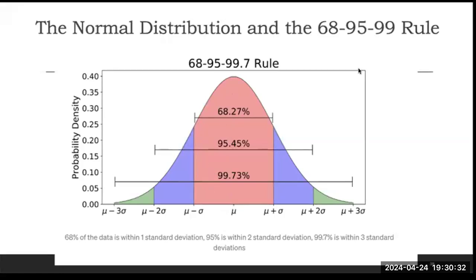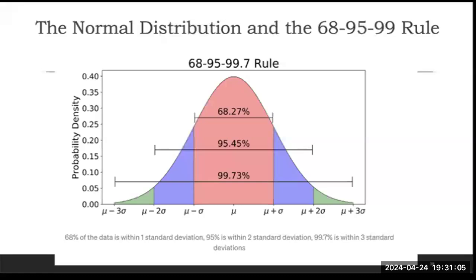What this rule tells us is that 68% of the scores fall within one standard deviation of the mean. 68, that's more than half of the scores would be within one standard deviation. 95 means that within 2 standard deviations of the mean, you have 95% of the scores. And then the 99.7% rule says that within 3 standard deviations of the mean, 99.7% of the scores will fall in that.